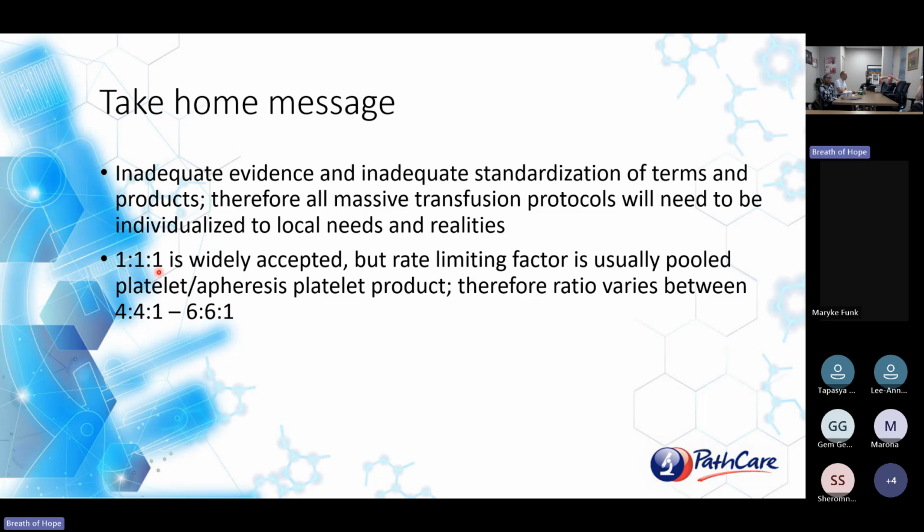A 1-to-1 ratio is widely accepted, but the rate limiting factor is that pooled products are usually only available. So you can't give one donor unit of platelets. Your ratio is going to vary between 4-4-1 to 6-6-1, depending on how many donors are donating into your pooled platelet product.